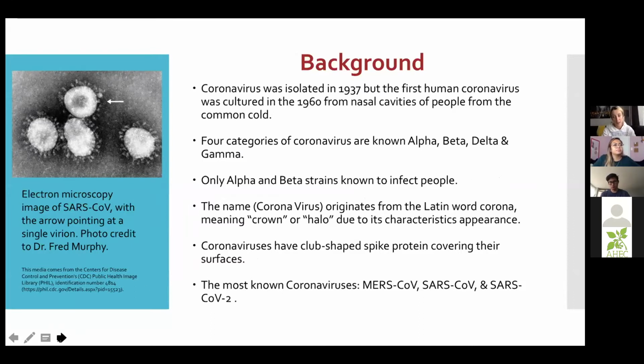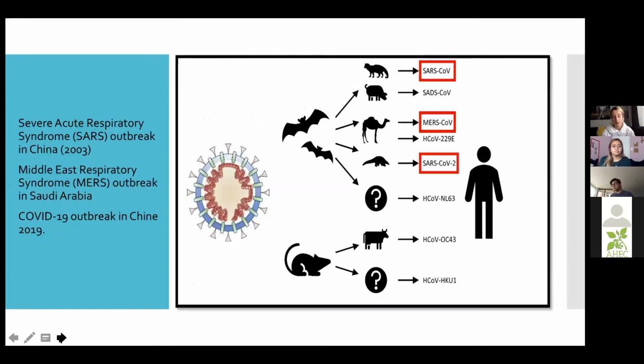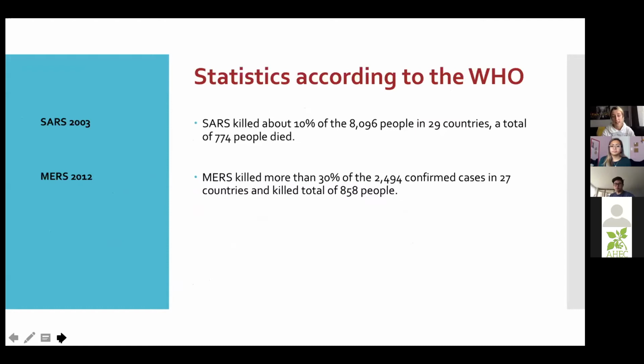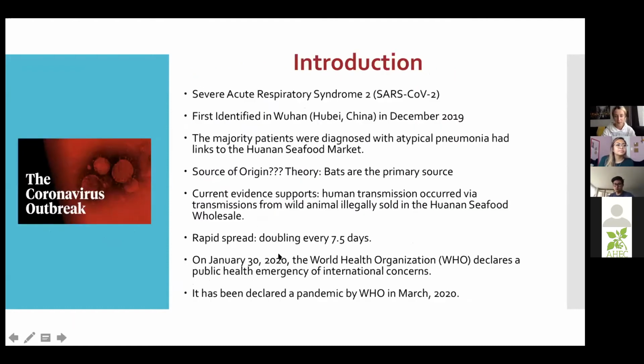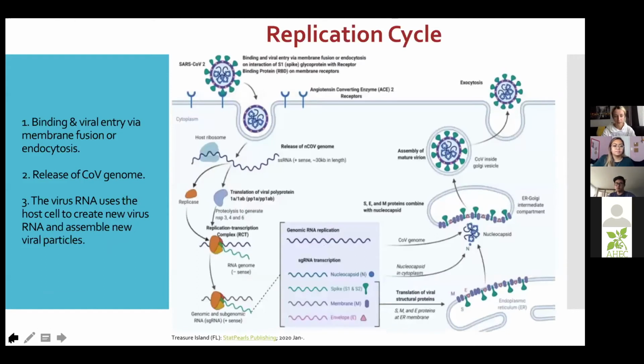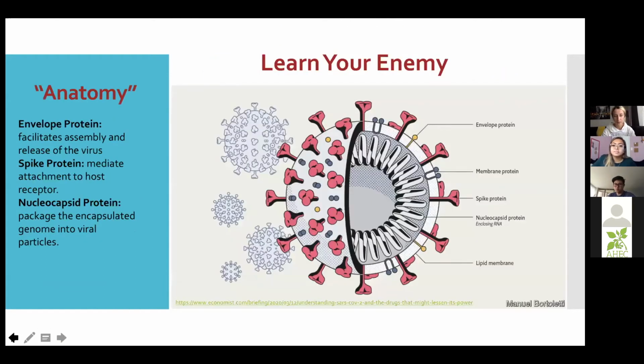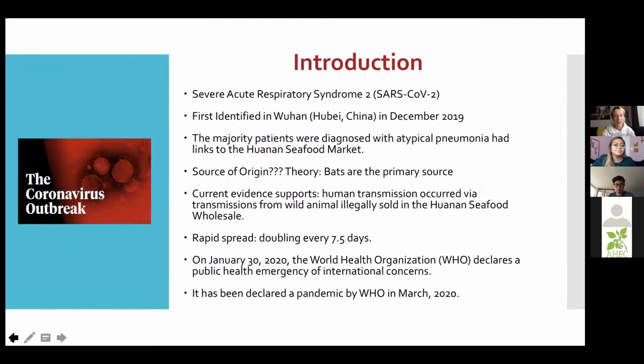I don't know if I answered your question, but it was a very good question, which I don't really know how to answer. But this is what you find if you trace back through history: this is where the virus was isolated, and bats are the primary host. Did I answer the question?